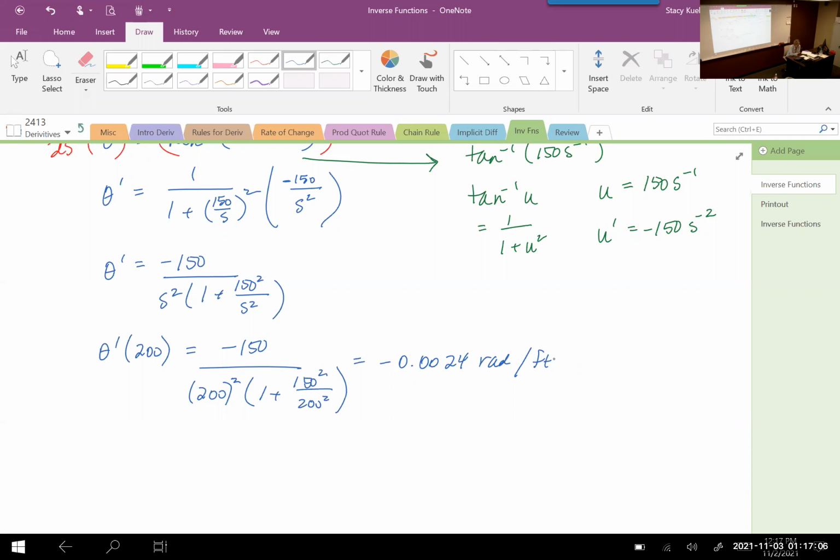You should end up with negative 0.0024 radians, because it's an angle, per foot. That's the same thing, if you wanted to convert it to degrees, as negative 0.138 degrees per foot.